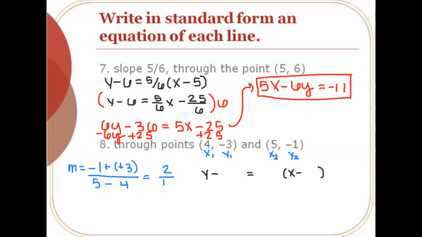So I'll plug in my y1, which is negative 3, my slope, which is 2, and my x1, which is 4. And then we have to get our x's and y's on the same side. So you'll subtract y and add 8.